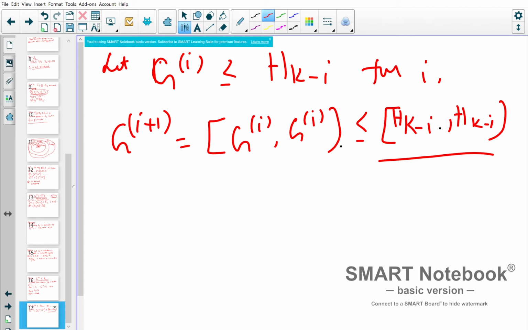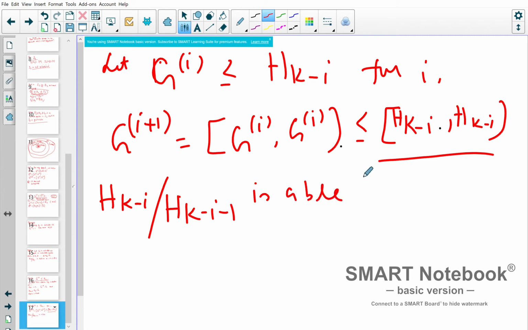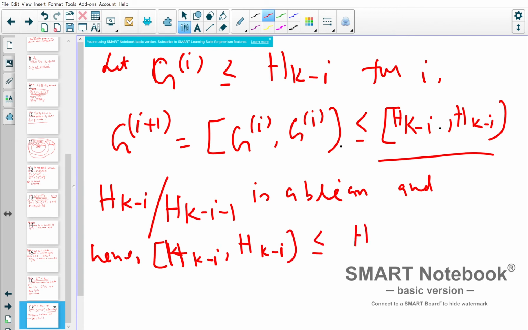Recall what we proved last class in the commutator lecture: H(k minus i) mod H(k minus i minus 1) is abelian. Hence the derived subgroup of H(k minus i) is contained in H(k minus i minus 1).